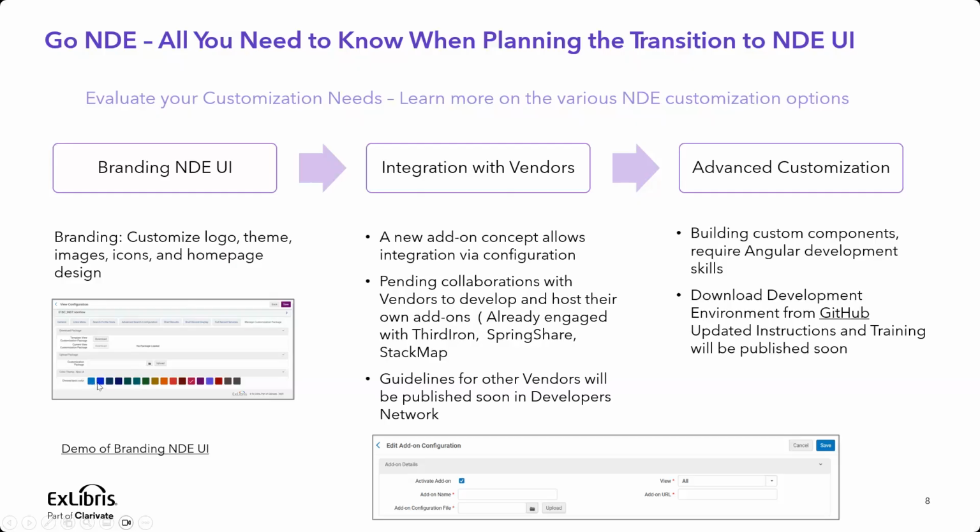We will not have Primo Studio, but we are adding, through Alma, an option with one click to choose one of the selected themes. You can, as today, replace any icon in SVG format, and of course design the homepage. So I would like to do that kind of demo for you, and then later on I will talk about the integration with vendor, what direction, and advanced configuration.